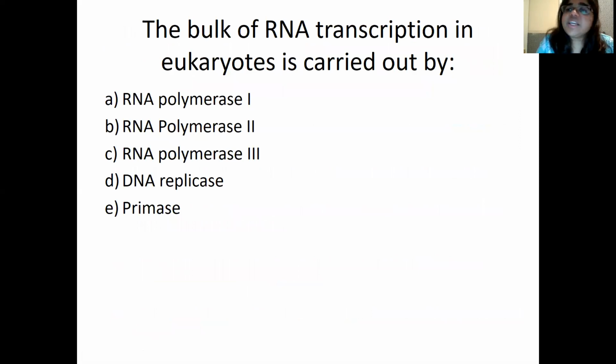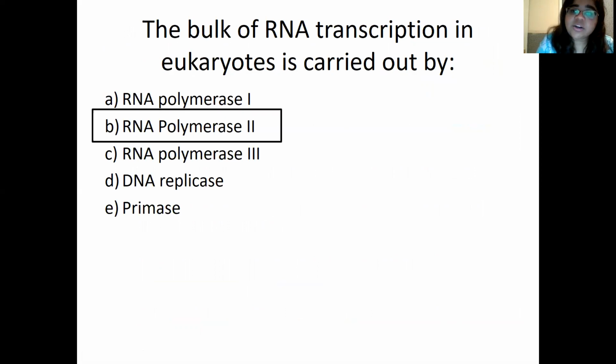The bulk of RNA transcription in eukaryotes is carried out by which polymerase? In this case, it would be RNA polymerase 2, because that is the version responsible for mRNA production.